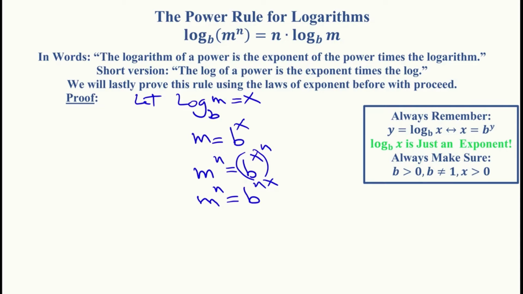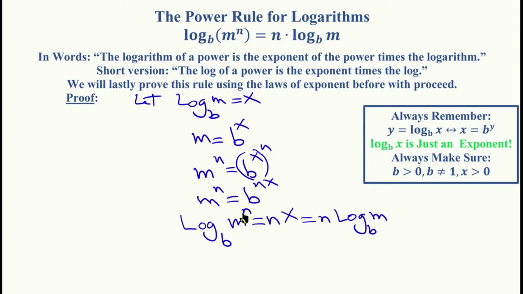So now let's go ahead and take this equation and put it in logarithmic form. So we get log base b of m to the n equals nx. Now all you have to do is remember what x is. Remember, log base b of m. So we get n times log base b of m.